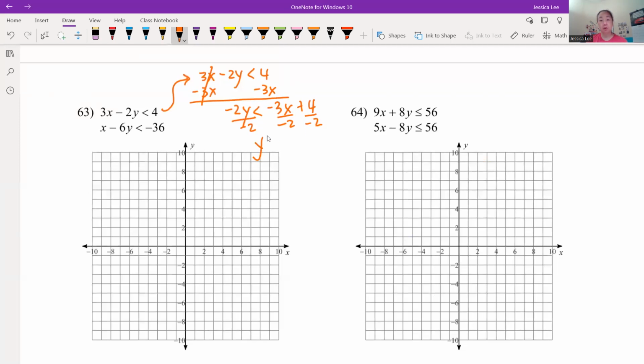Y is greater than 3 over 2x minus 2. So we have minus 2 right here. We're going to go up 3 to the right 2, up 3 to the right 2. And this is going to be a dashed line, down 3 to the left 2. Okay.